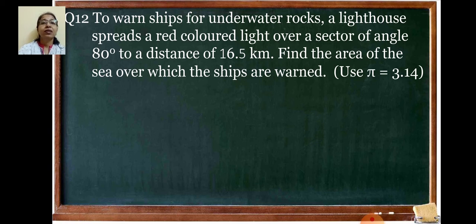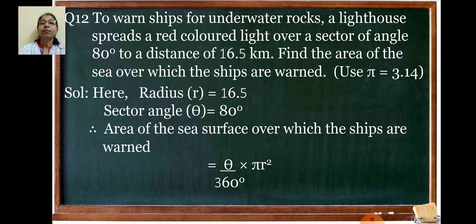So the area of the sea surface over which the ships are warned is nothing but the area of a sector. Here radius is 16.5 kilometer, and central angle theta is 80 degree. So the area is theta divided by 360 into pi r square.